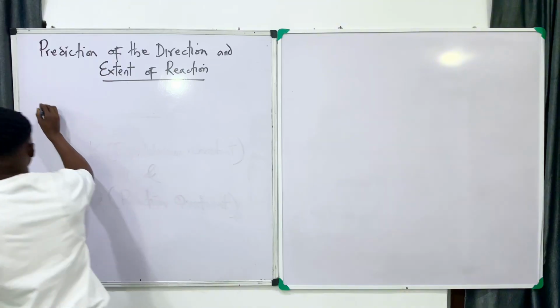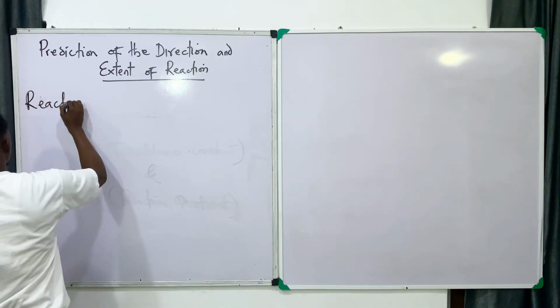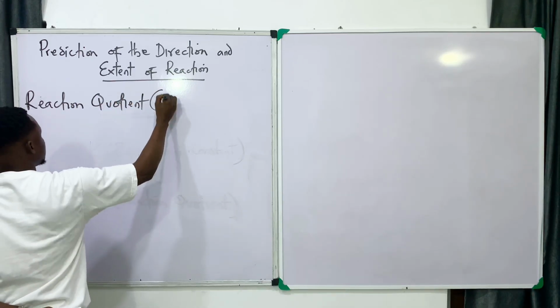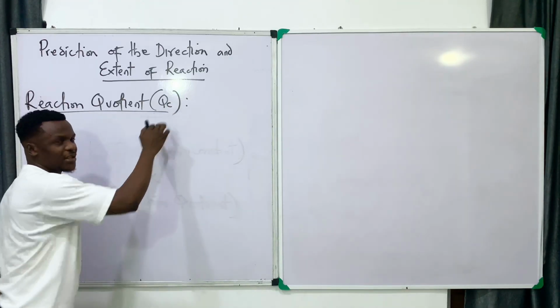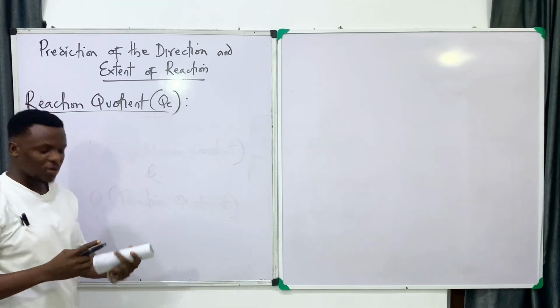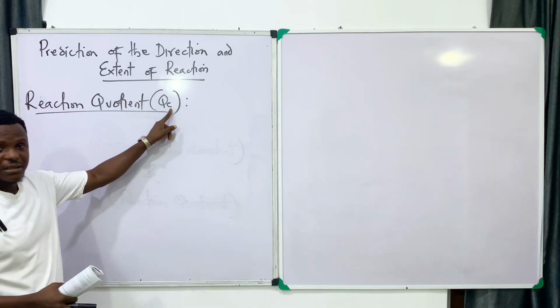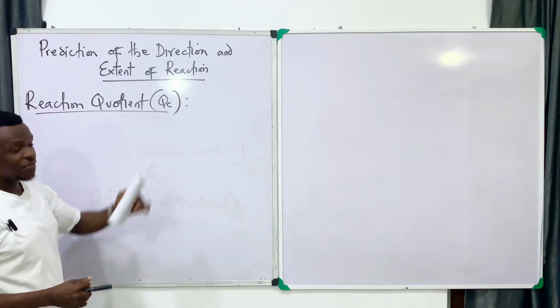Class, look up. Just like we have Kc and Qc, if I'm asked for equilibrium constant, I'll define it in terms of Kc. Just like that, if I'm asked for reaction quotient, I'm also going to define it in terms of Qc.